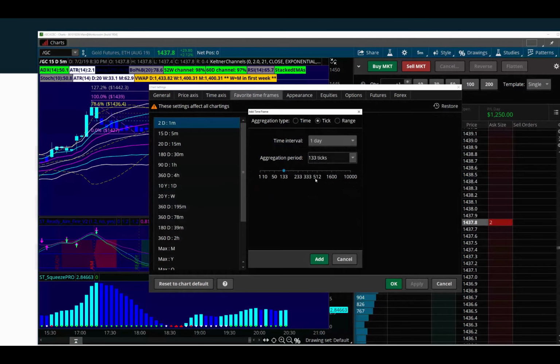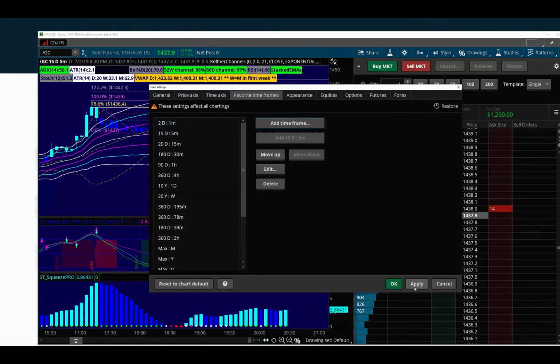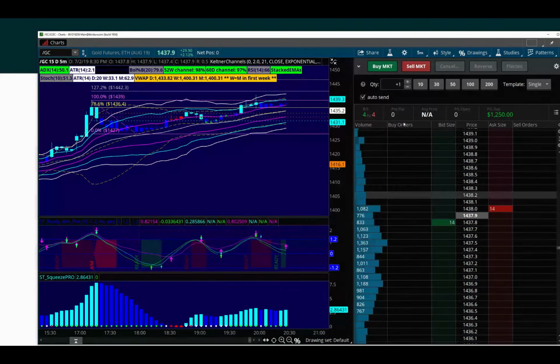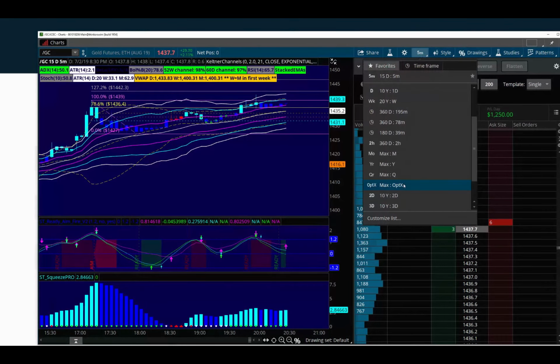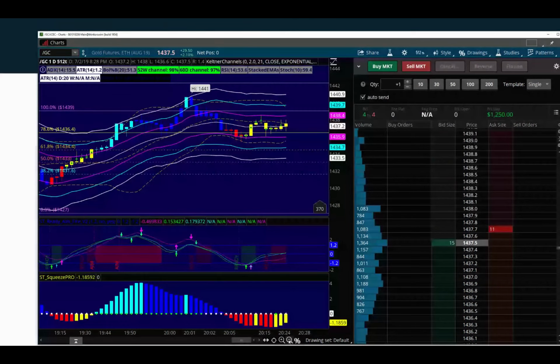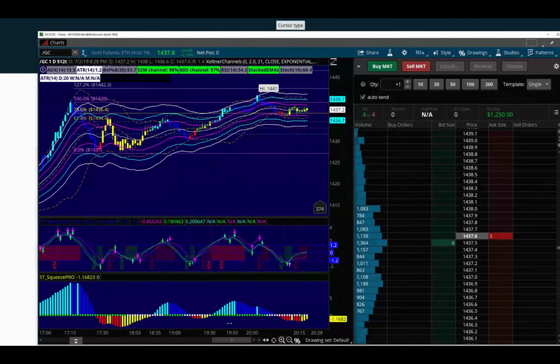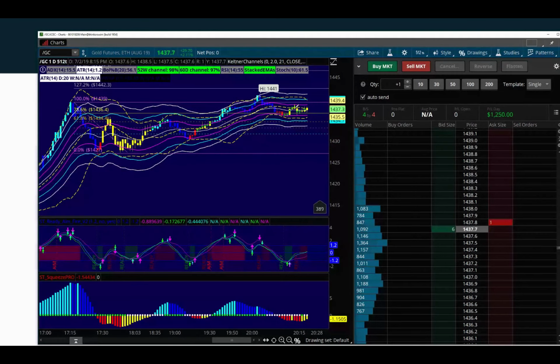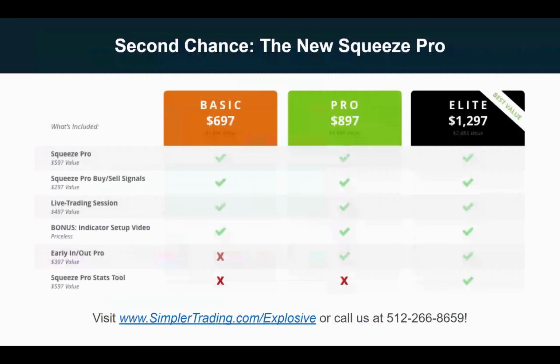I like the 512. Add, apply. If I'm using tick charts, I'm typically doing it with futures, but you can see that it's been setting up there too. I thought it did, I just didn't want to say it did and then all of a sudden it didn't work.